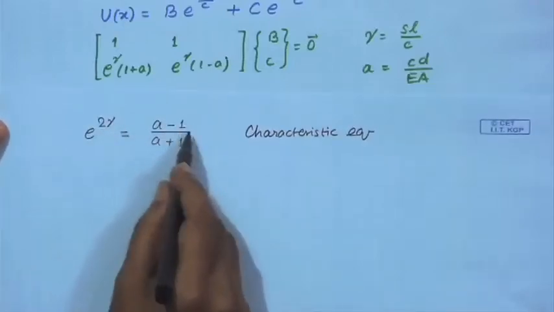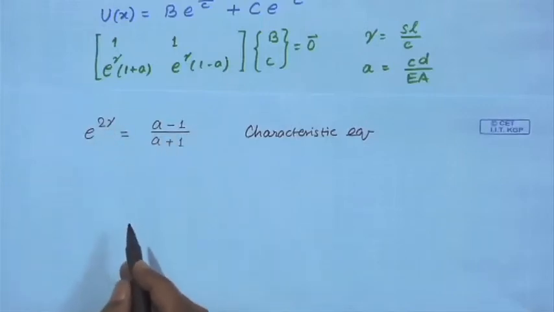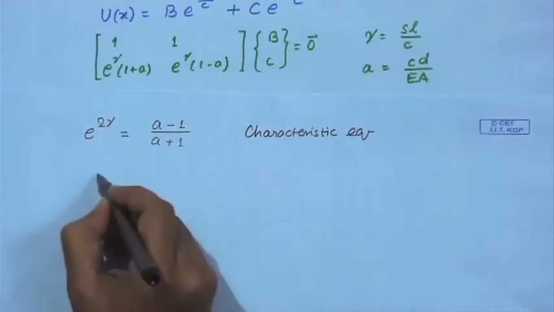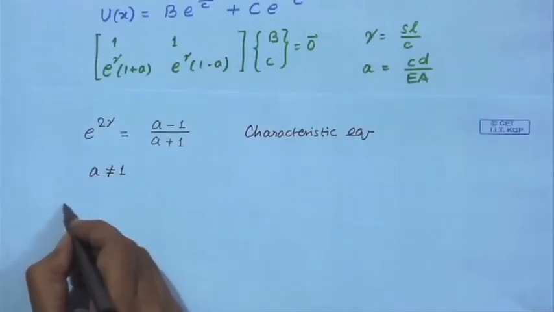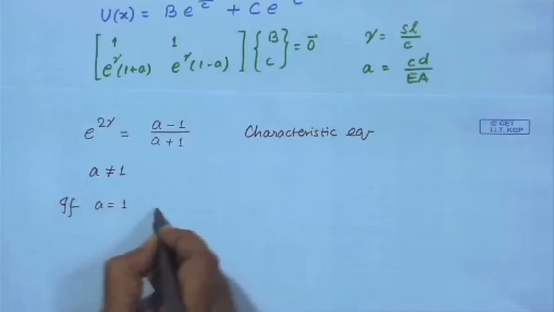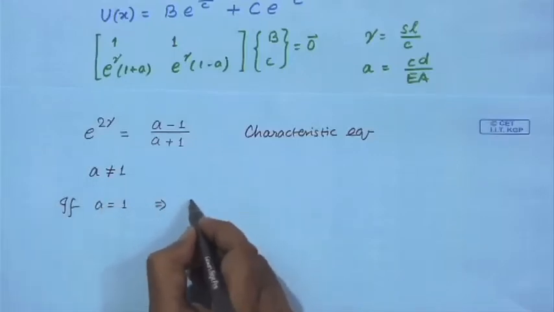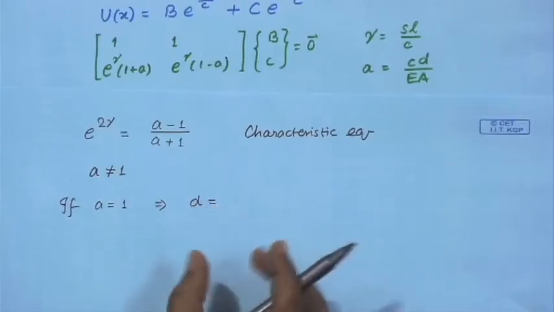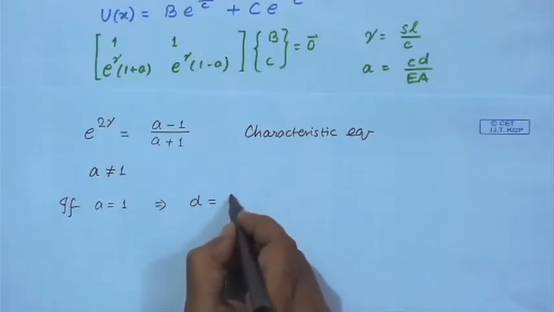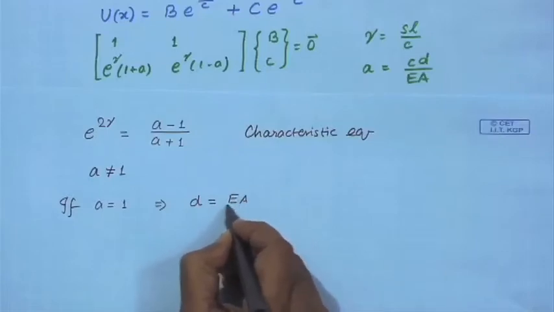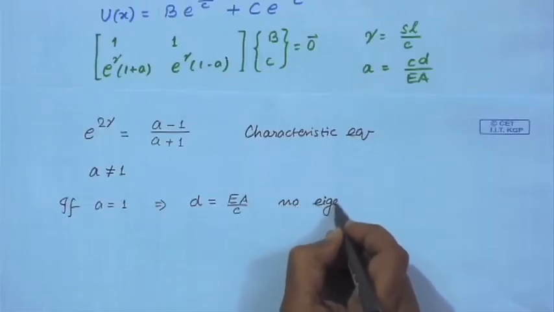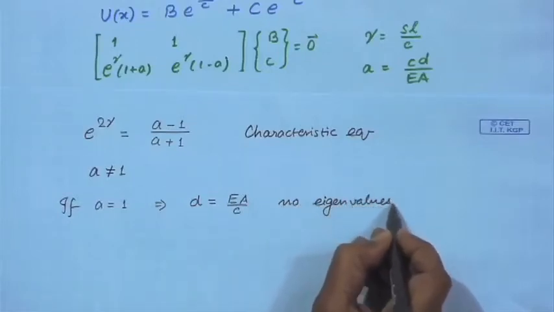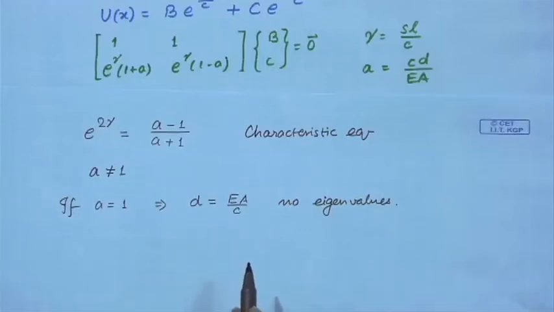When A is equal to 1, which implies that the damping, the adjustable parameter, is tuned to this value, there are no eigenvalues for this problem.